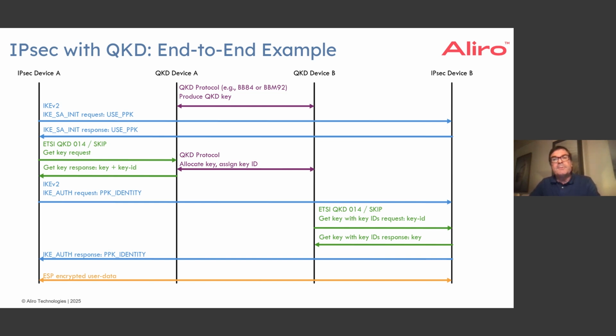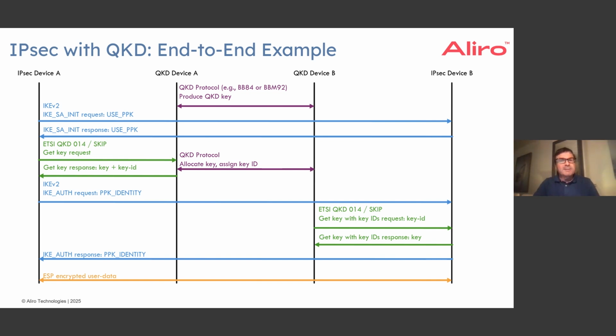The blue arrows represent the IKEv2 control plane messages for the IPsec tunnel. The green arrows represent the ETSI QKD 014, or maybe the SKIP key delivery protocol between the QKD device and the IPsec gateway. And the yellow arrows represent the ESP data plane protocol for the IPsec tunnel that is encrypted using the QKD key. And the sequence of events is as follows.